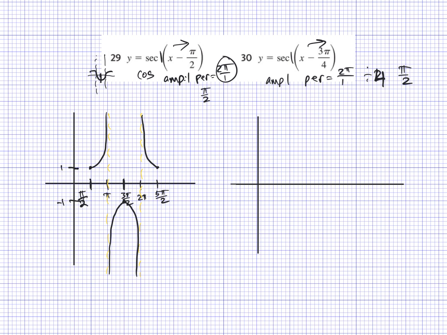So if we do these increments the way we did the last problem, there's your 1 pi over 4. We should probably move it, so it's right here. All right, so there's 1 pi over 4, 2 pi over 4, 3 pi over 4. So that's where we're starting. Again, our amplitude is 1.